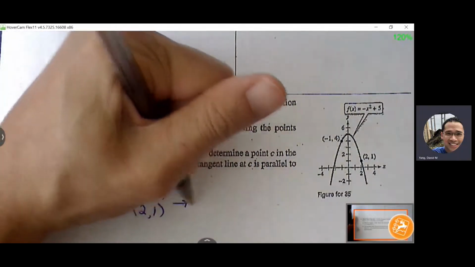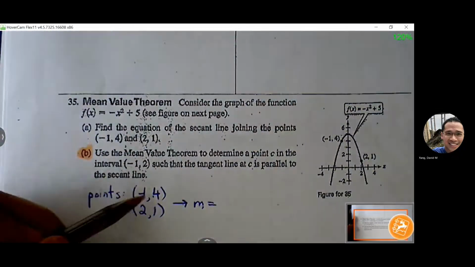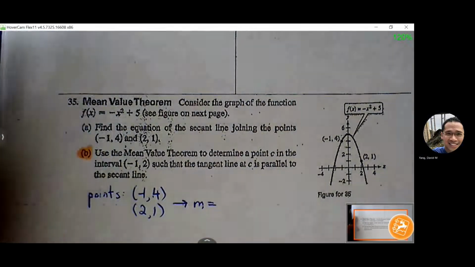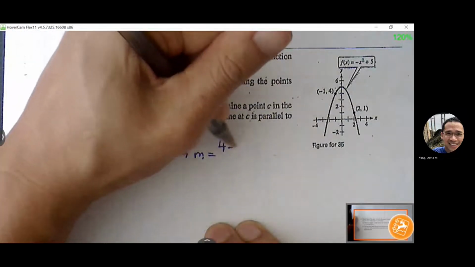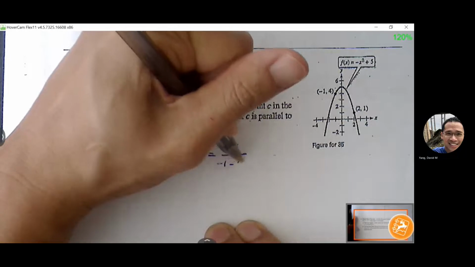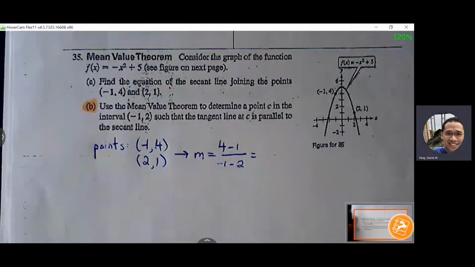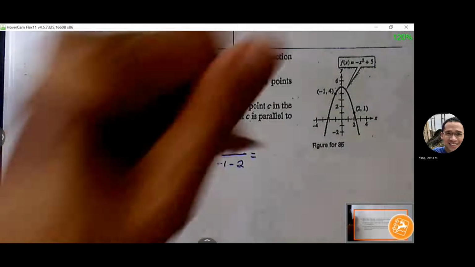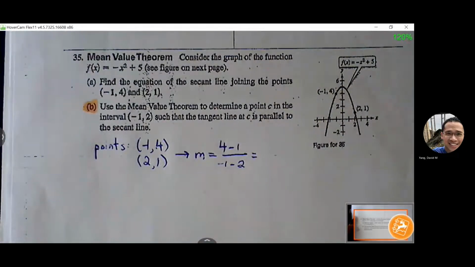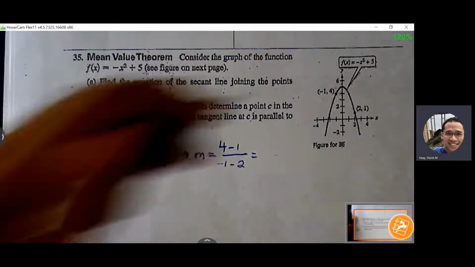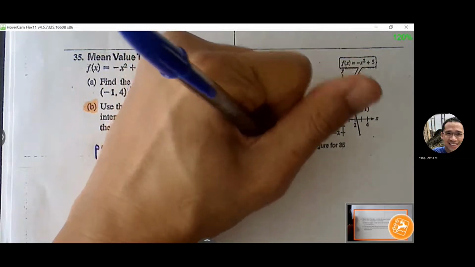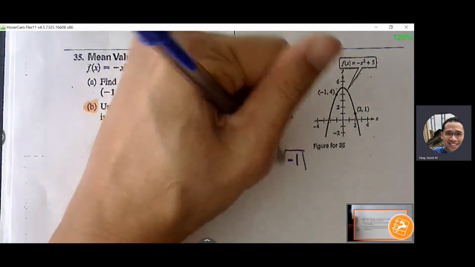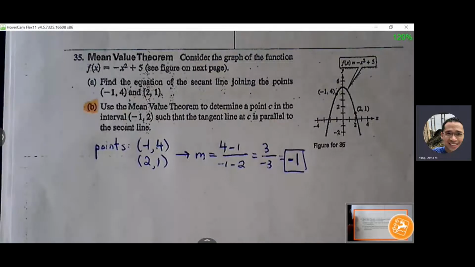So let's first find that slope. Change in y over change in x. And what's that slope? Three over -3, which is the same thing as what? -1, okay. So this is the target slope that we want the derivative to help us find.